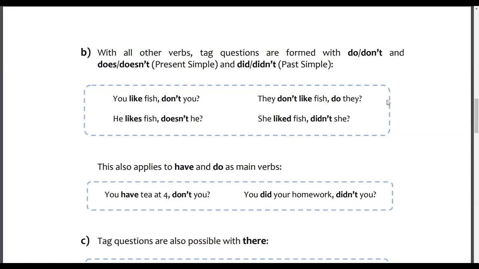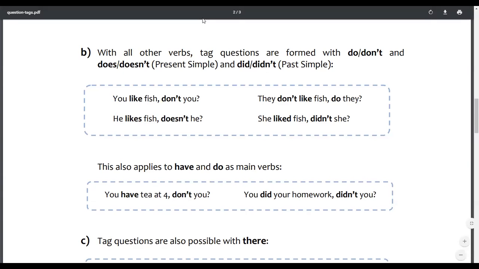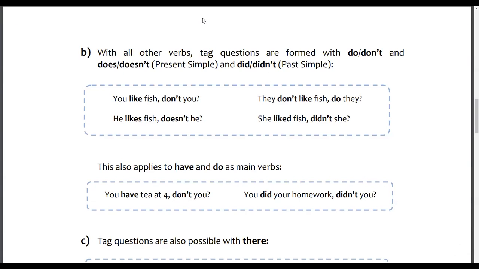In letter B it says, with all other verbs, tag questions are formed with do or don't, and does or doesn't for the simple present, and did and didn't for the past simple. And we can go on and on talking about past progressive or future simple, future perfect. Anyway, what we need to take into account is to always remember which is the auxiliary verb playing a role there. Okay, so here we go.